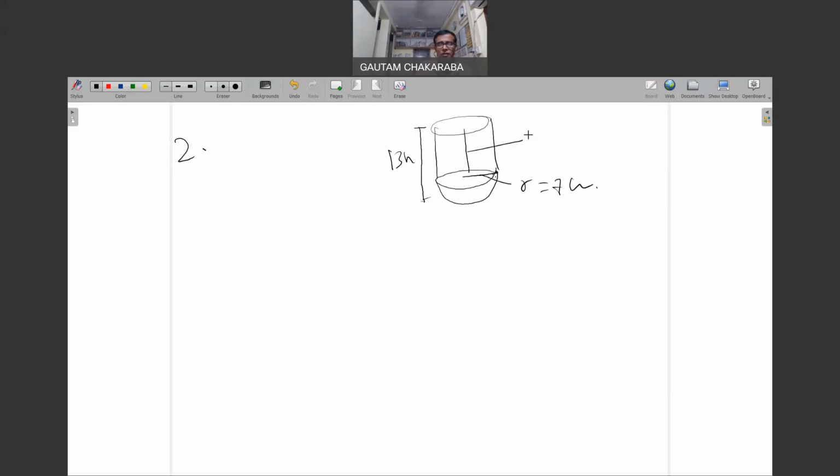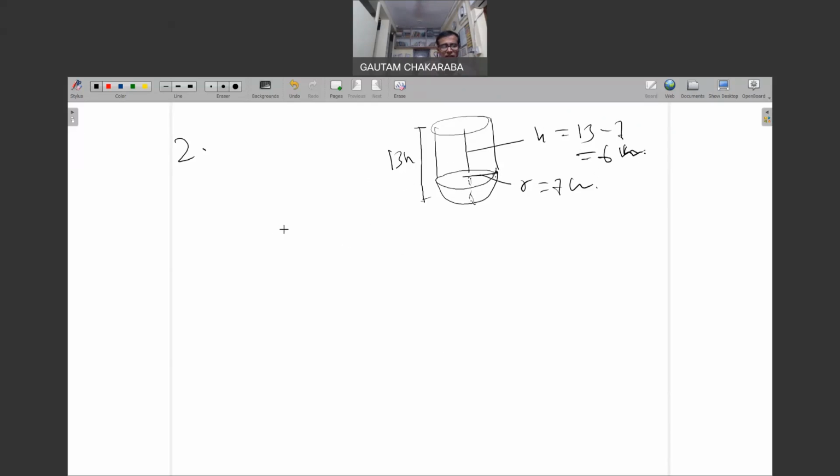Now the height of the cylinder is equal to the total height minus 7, because the hemisphere's radius is 7, so 13 minus 7 is 6 centimeters. Now find the inner surface area of the vessel.